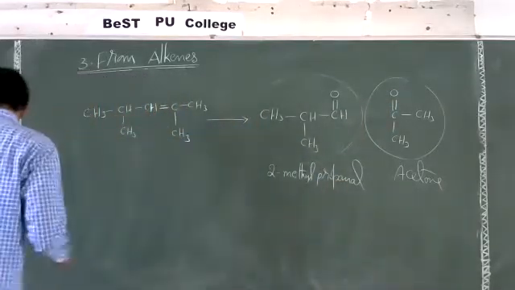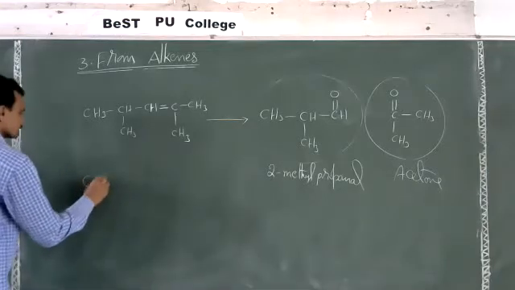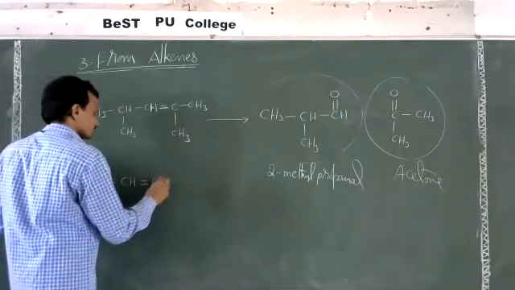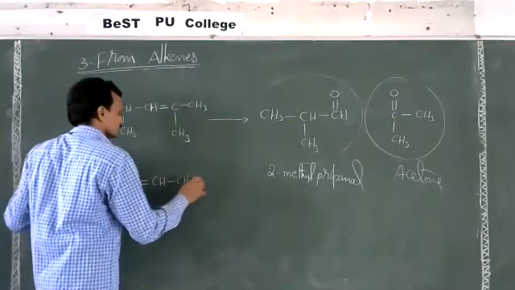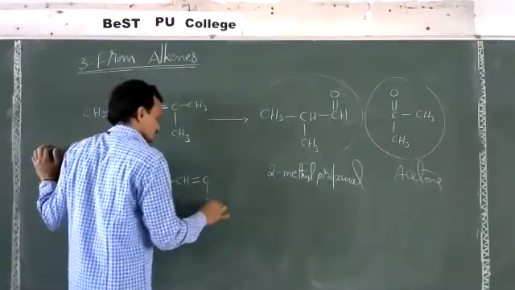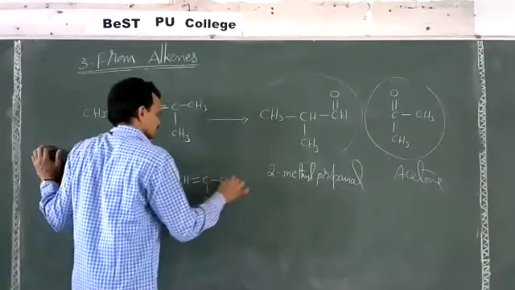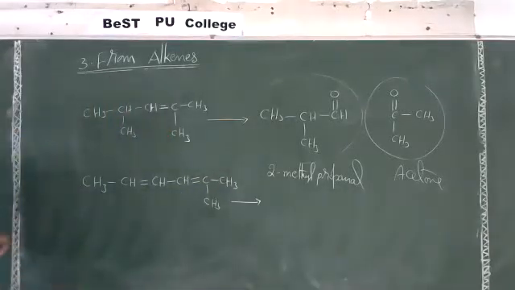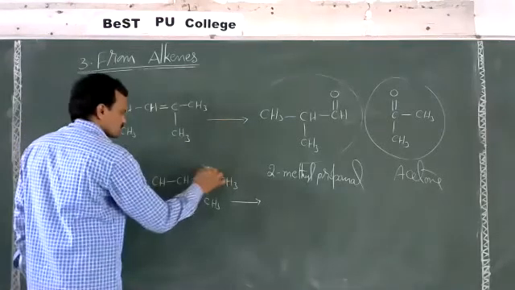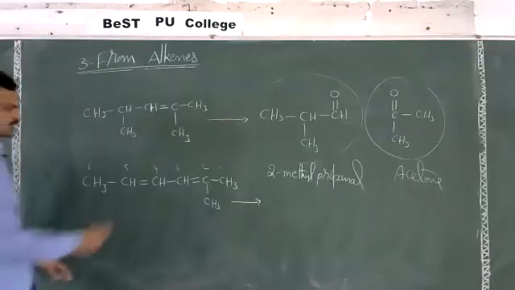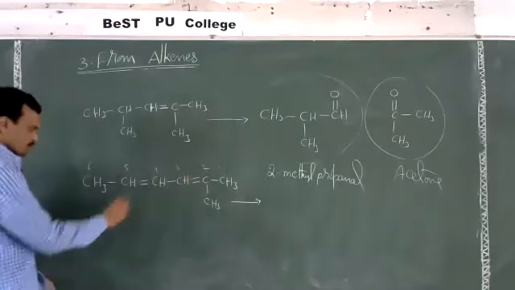Now let us see one more example. Right, this is the compound. What is the name of this compound? 1, 2, 3, 4, 5, 6. 6 carbons are there. At second position, a double bond is there.